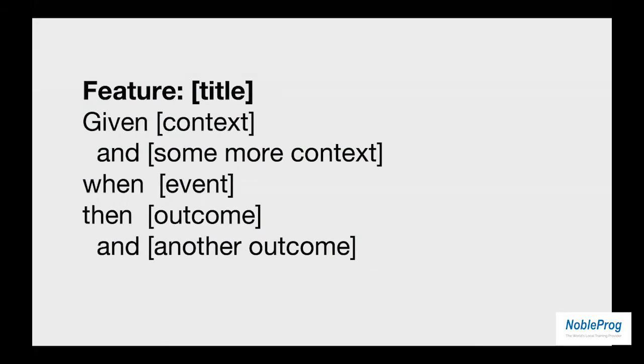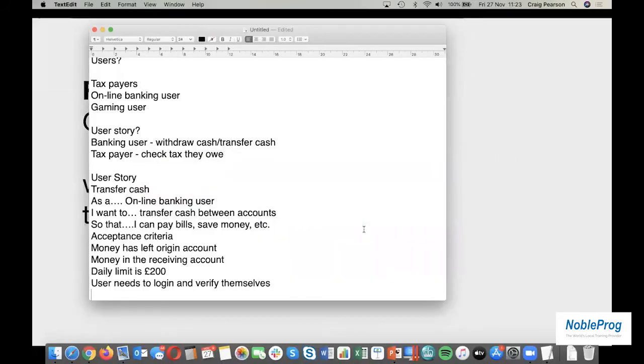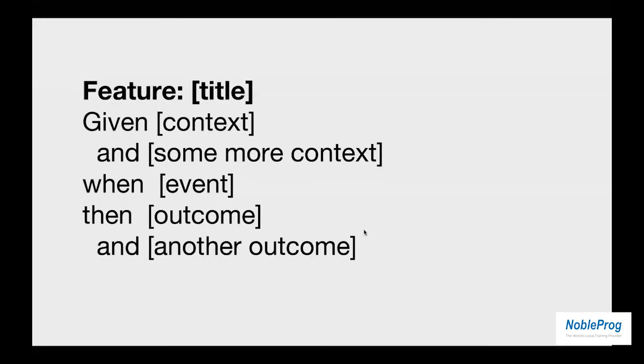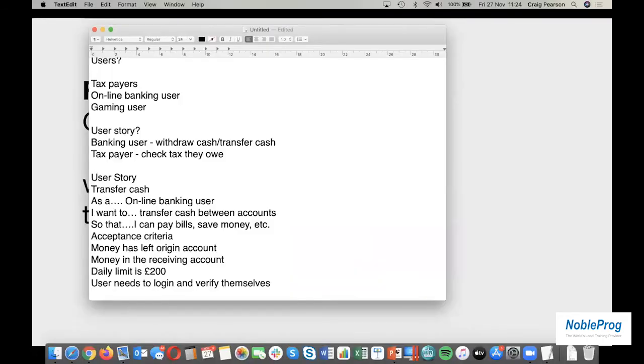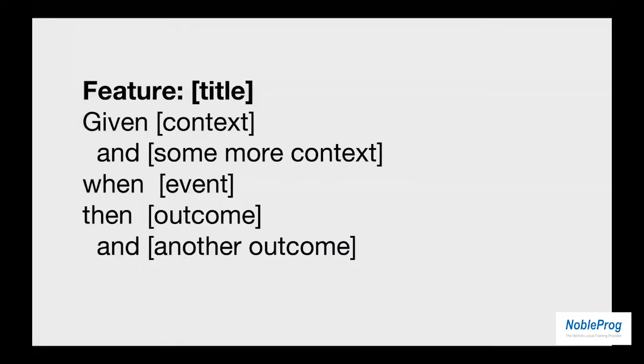So what's the format of these things then? So we've said we've got a user story with acceptance criteria. Typically what we would do is take one of those acceptance criteria and create some scenarios. And what we would do is say, right, okay, for a particular scenario, such as transferring money, we put the system into a given state, a given context, and you can have multiple different conditions there.